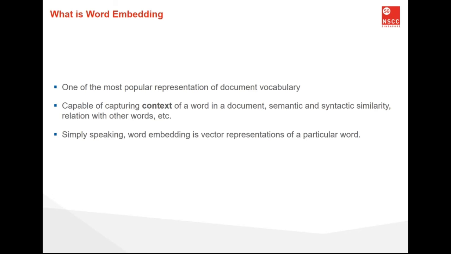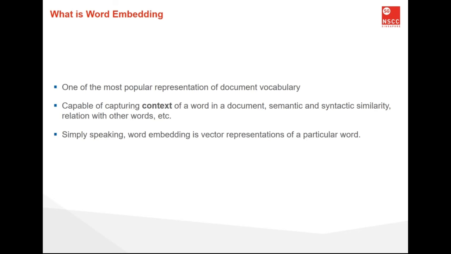Word embedding can be obtained using a set of language modeling and feature learning techniques where words and phrases from the vocabulary are mapped to vectors of real numbers. Conceptually, it involves a mathematical embedding from a space with many dimensions per word to a continuous vector space with a much lower dimension.